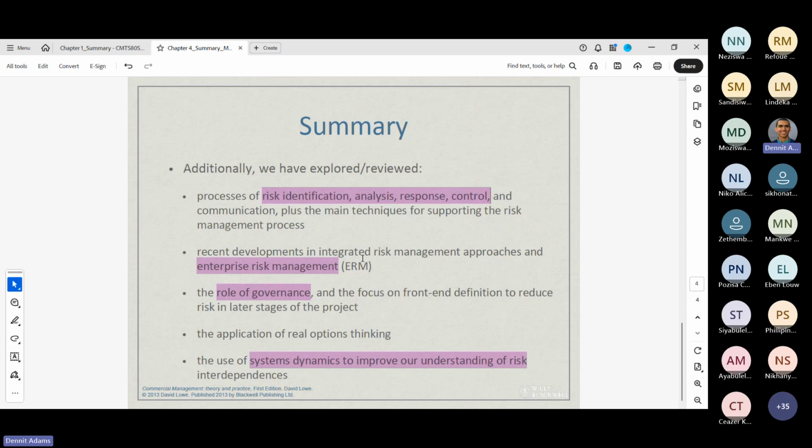ERM, enterprise risk management, the role of governance in risk, and then application of real options thinking. And then Monte Carlo simulation is a systems dynamics approach to improve our understanding of risk interdependencies, my apologies. So that's an example of chapter 1 and chapter 4.